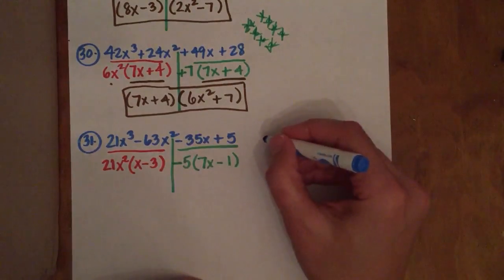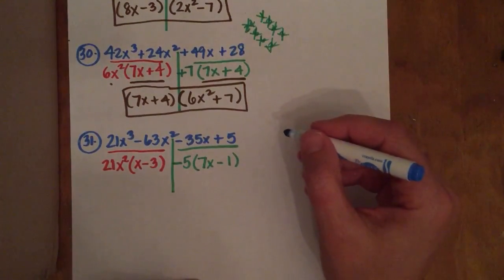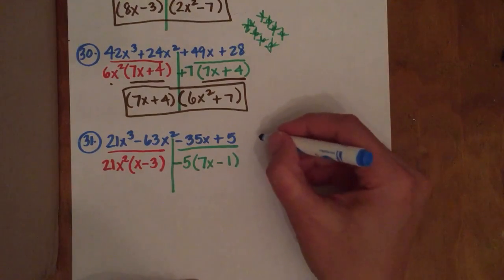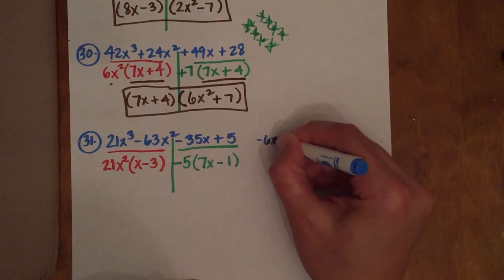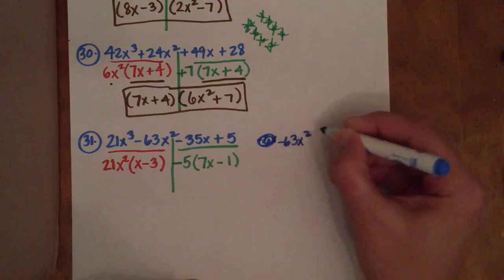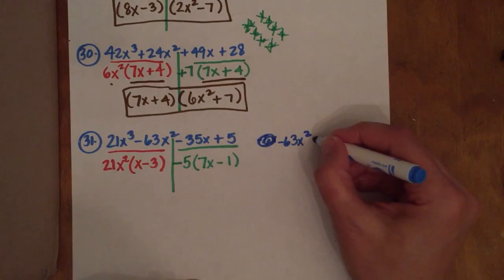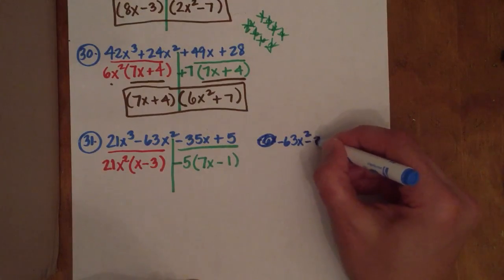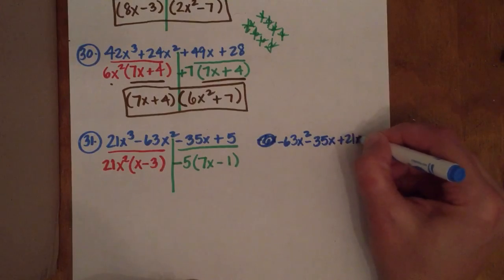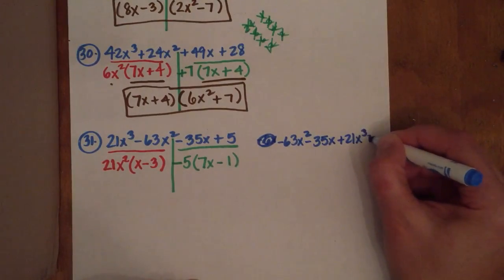So let's regroup this for fun. And let's put negative 63x squared together with the 35x. And let's put the 21x cubed together with the 5.